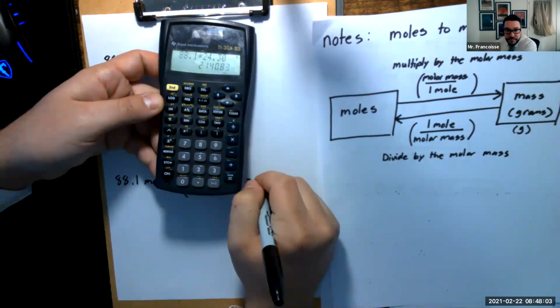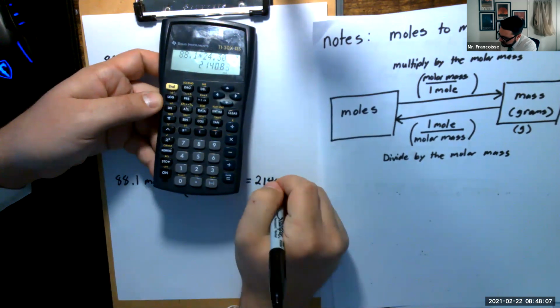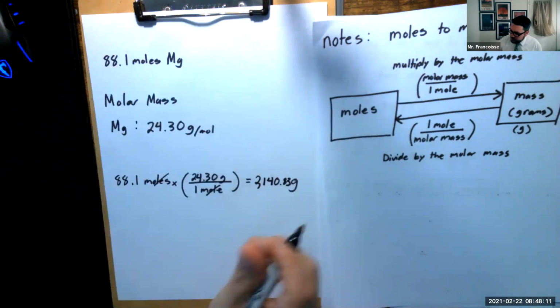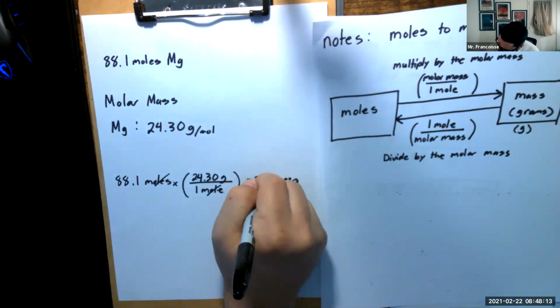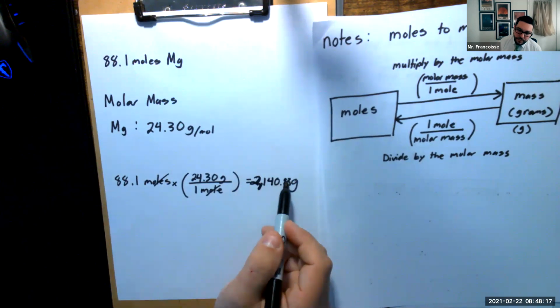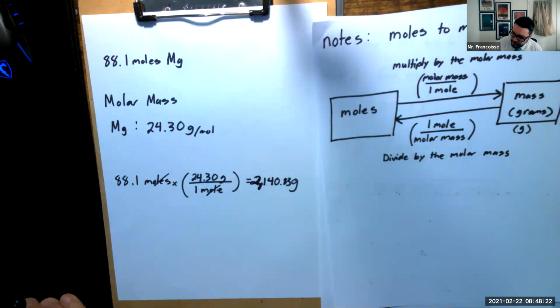So we're going to get a large number, and that's okay. So we should get 2,140.83 grams. And that's it for problem number 1.